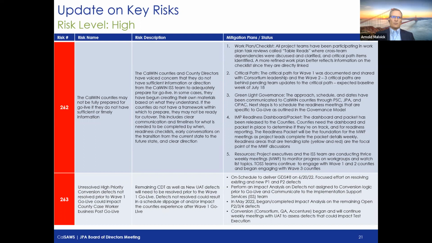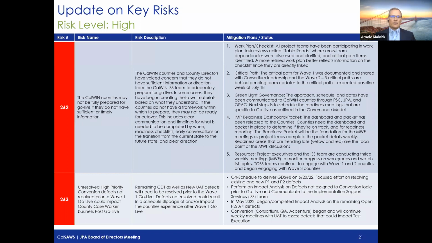There is 1 priority 2 that the team is currently working through in the assembly test environment. And there are priority 3 and 4, which priority 4 gets into more of the cosmetic. Priority 3 typically has workarounds.